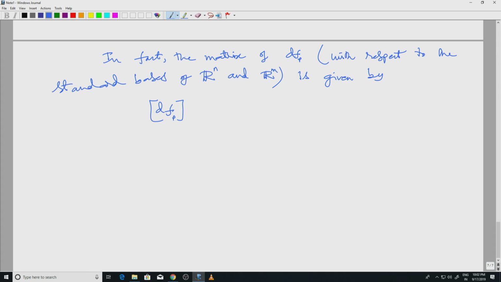So this is given by: the ijth entry of this matrix is del f_i by del x_j.